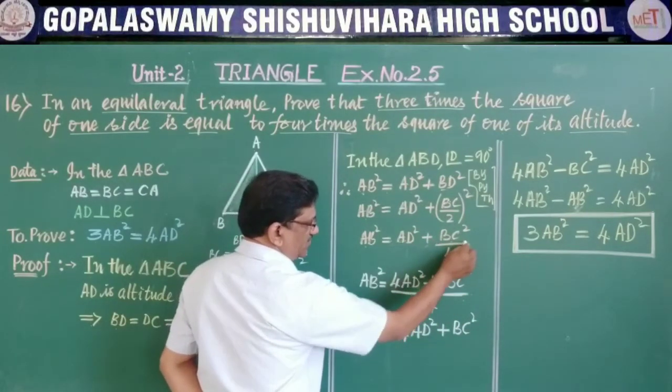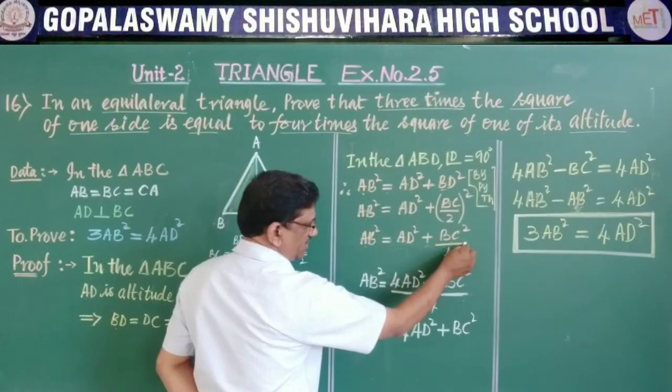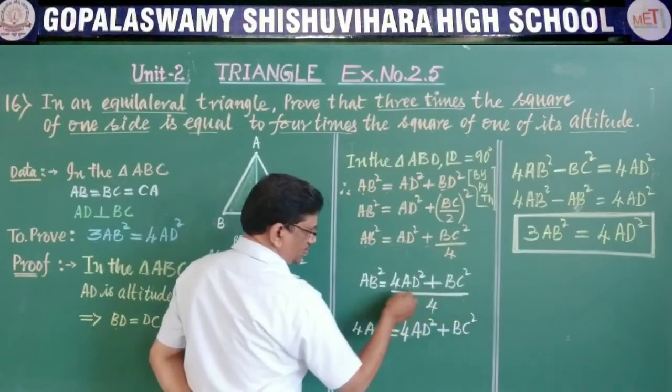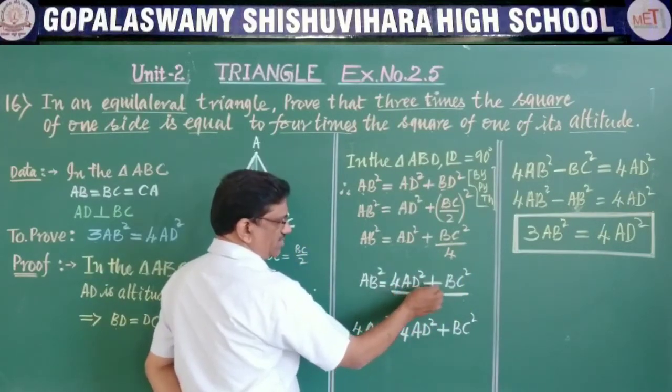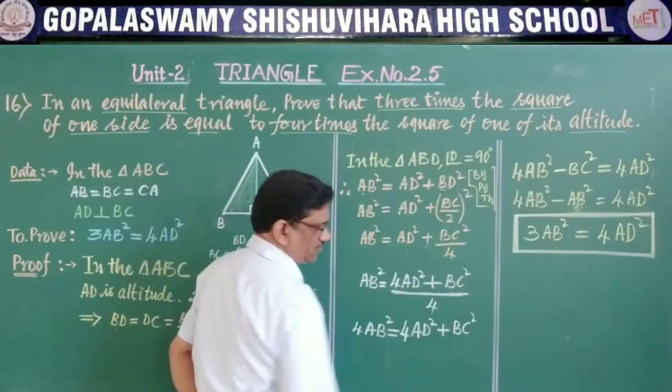Here the division is there for only BC square, but here it is applied to both: 4 AD square plus BC square divided by 4.